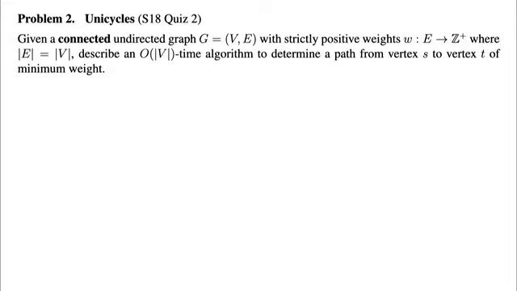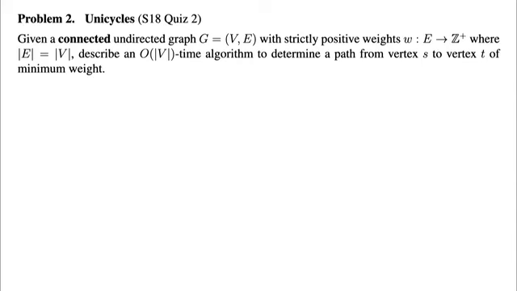So they're mapping to the positive integers, where the size of E is the same as the size of V. So I have the same number of edges as I have vertices. We're trying to find an order V time algorithm to determine a path from some vertex S to some vertex T with minimum weight.